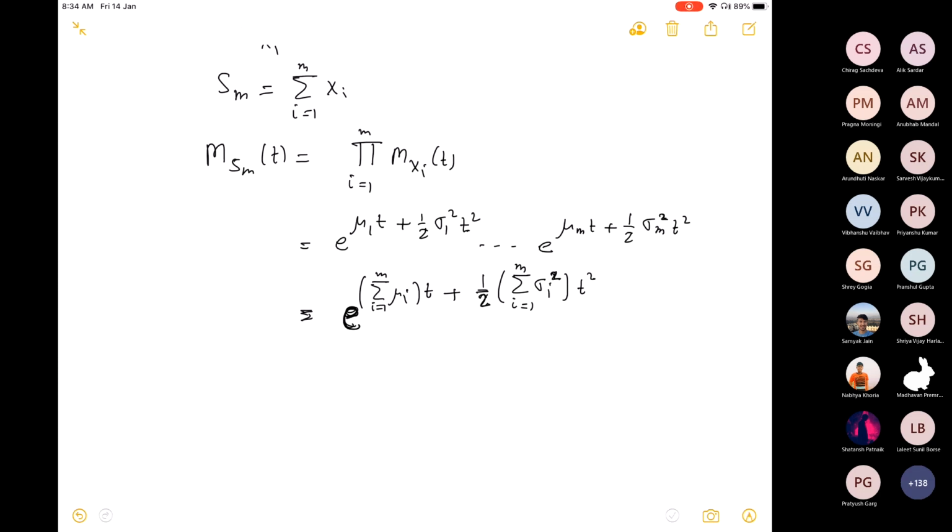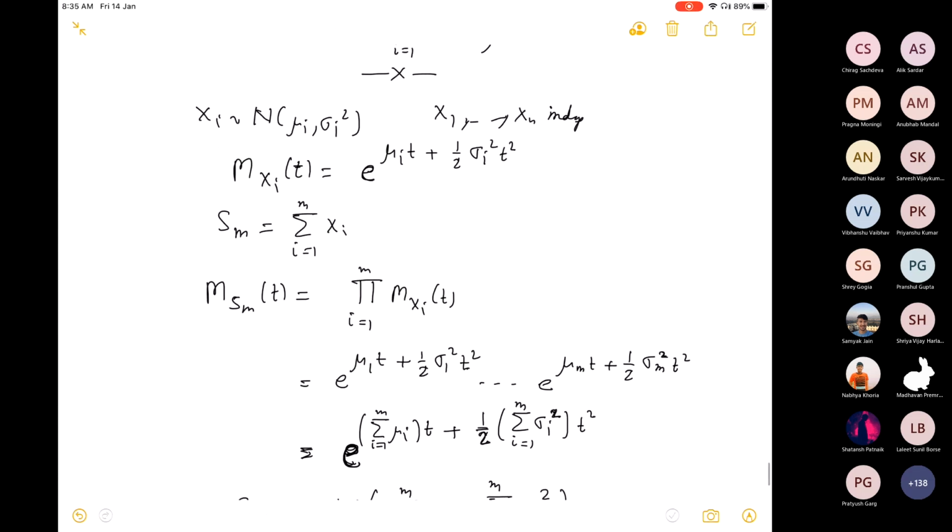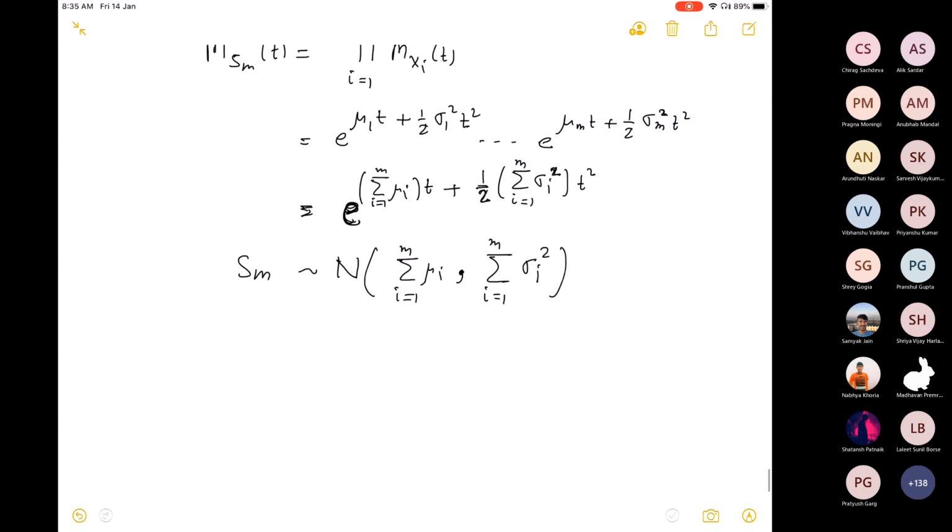So Sm will be normal with mean summation mu i, i from 1 to m, and variance summation sigma i square, i from 1 to m. Because it is of the same shape, e raised to power mu t plus half sigma square t square.